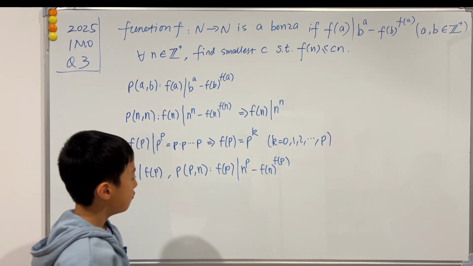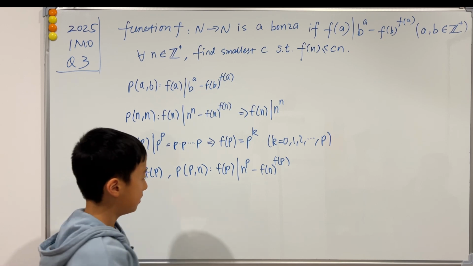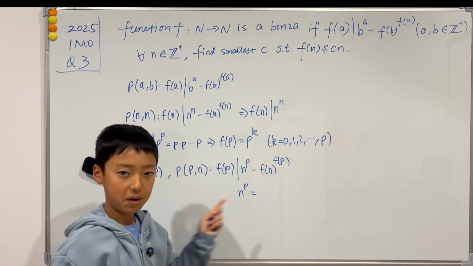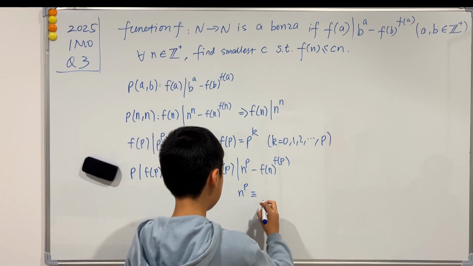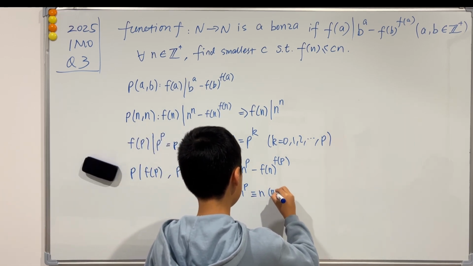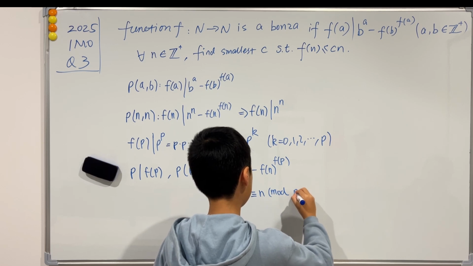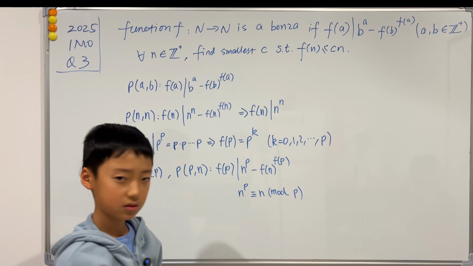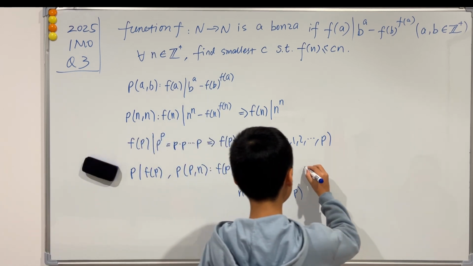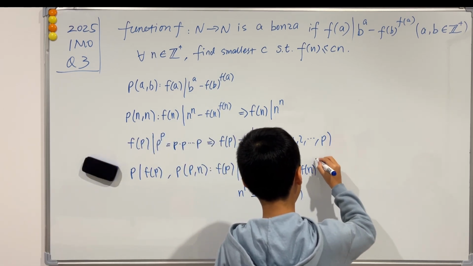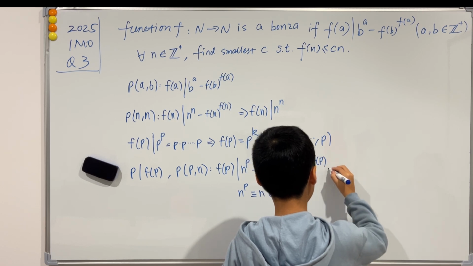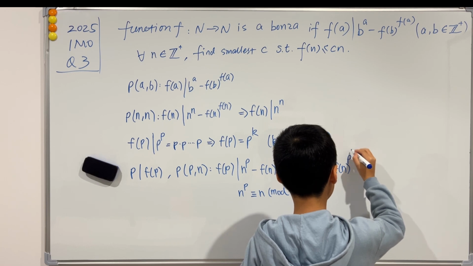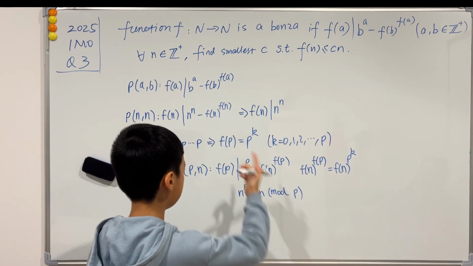And now we can actually use Fermat's little theorem, because Fermat's little theorem says that n^p is congruent to n mod p, right? But how do we use Fermat's little theorem for this? Well, we know that f(n)^f(p) is just equal to f(n)^(p^k), because we already defined that over here.